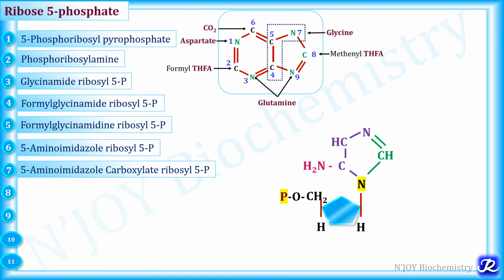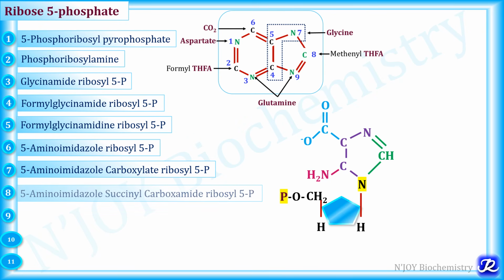In the seventh step, the product formed is aminoimidazole carboxylate ribosyl 5-phosphate. Carboxylate means carbon dioxide is involved here. So carbon dioxide comes here and carbon number 6 is contributed.